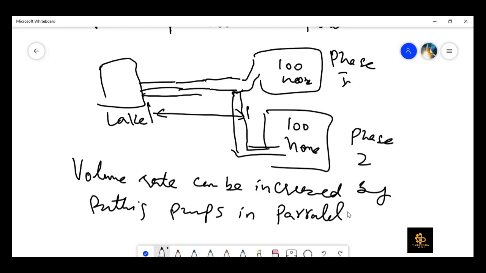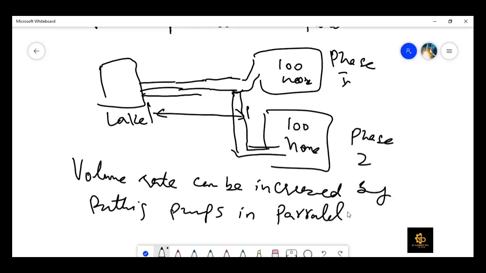So we usually have the pumps in parallel arrangement, right? Pumps in series we usually install when we increase the length of the piping system to overcome the losses. We usually use pumps in parallel when we have a requirement of large volume flow rate, and that is very common in industry, right? So this arrangement is quite common.